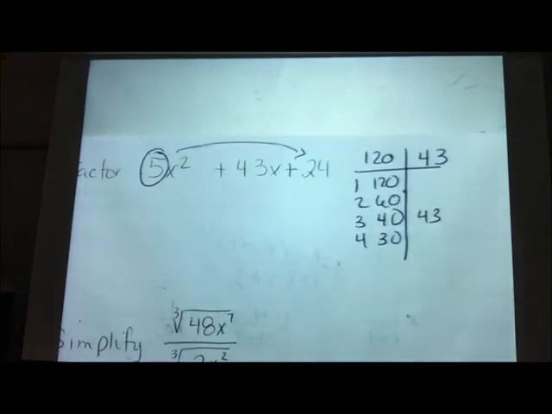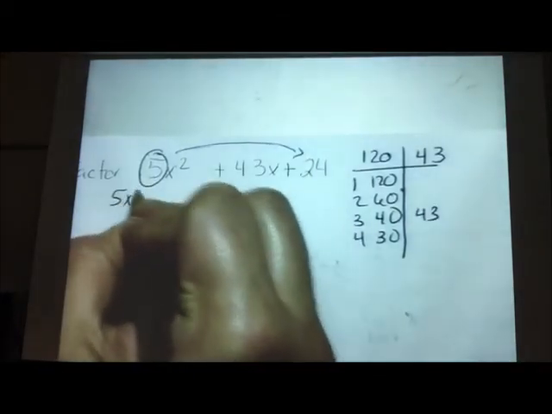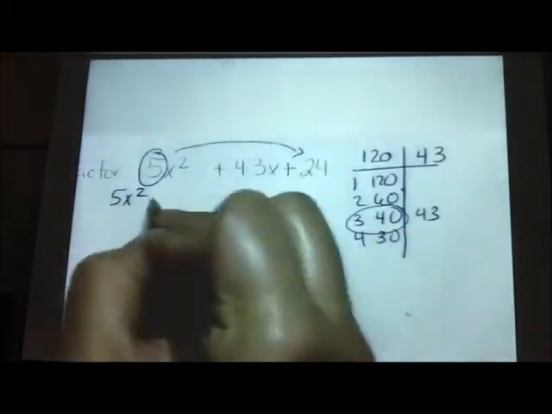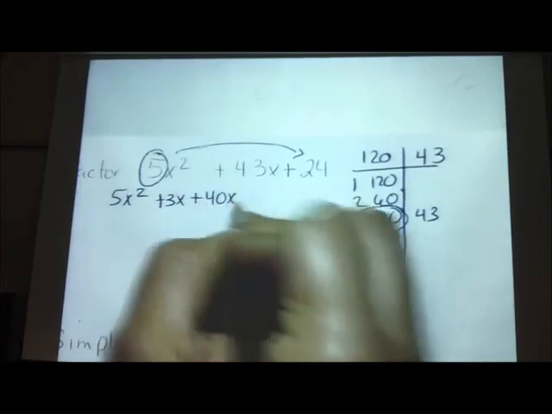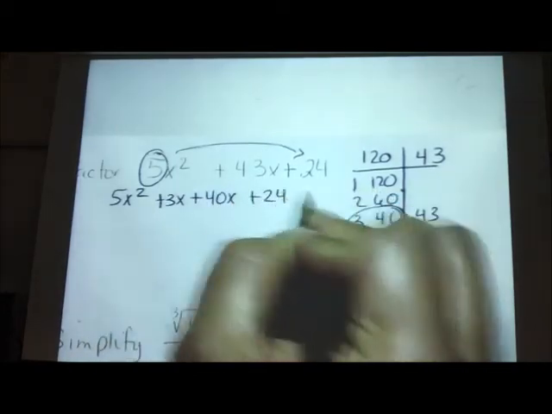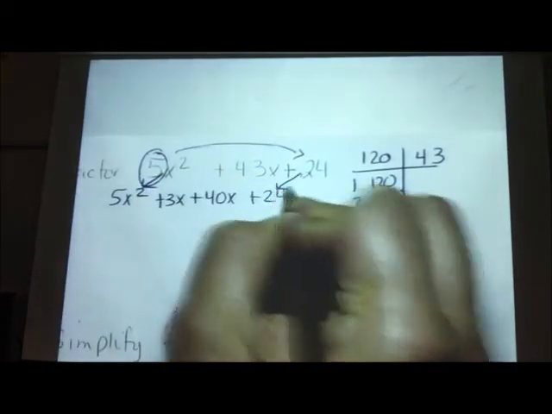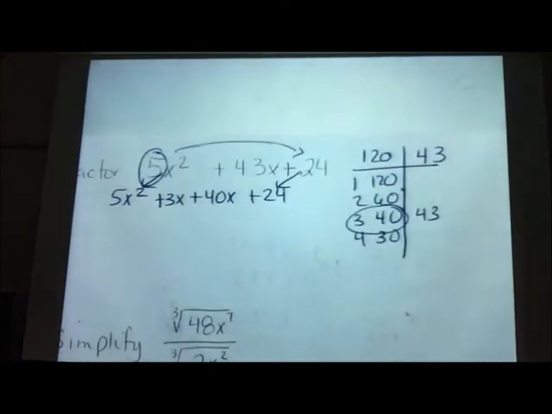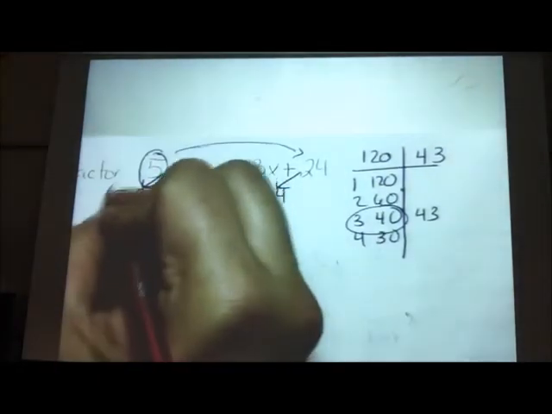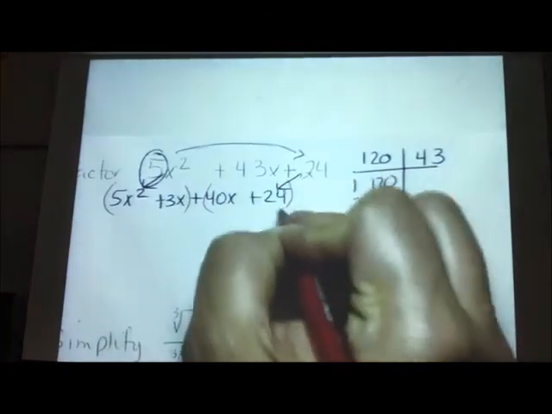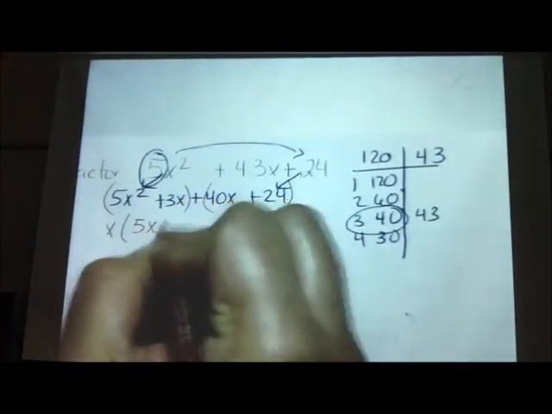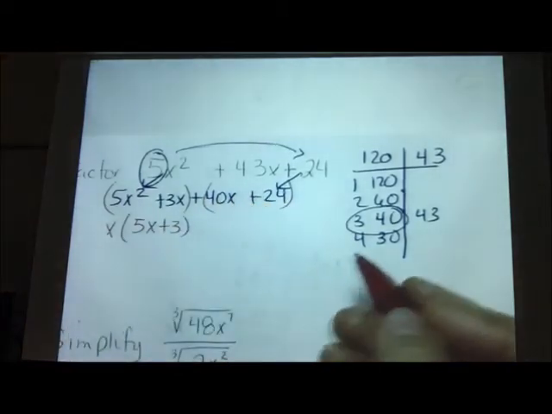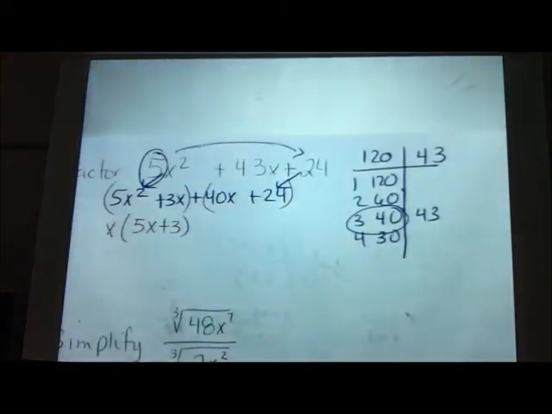43. Now remember, once you do this, you drop the first number. These become my middle numbers, plus 3x, plus 40x, plus 24. So your first and your last number come down. And then we have to do the factoring by grouping. We group the first two. So what do those two have in common? An x. So this becomes 5x plus 3. What do 40 and 24 have in common?